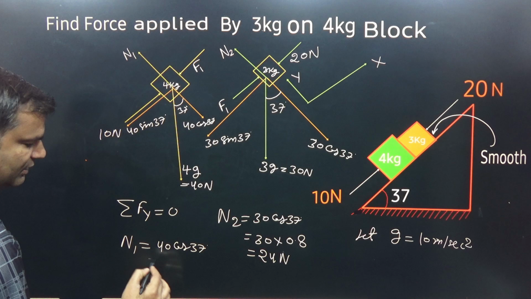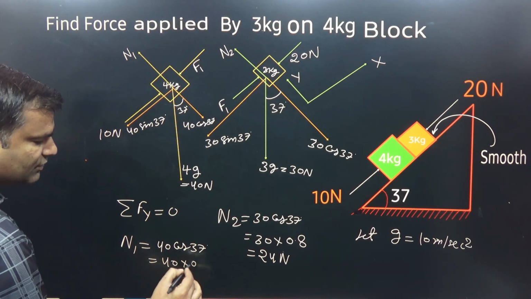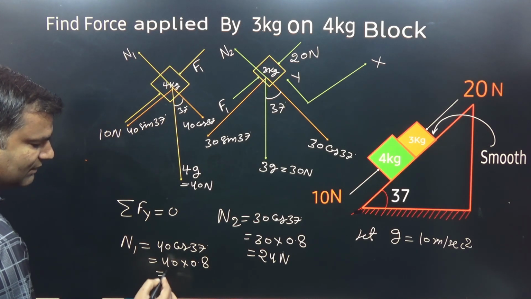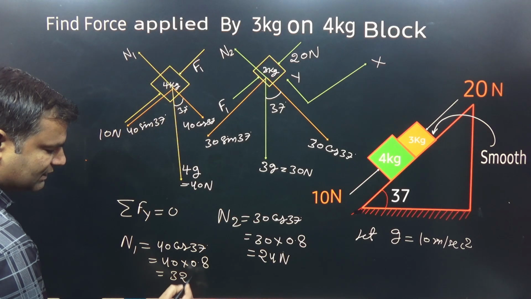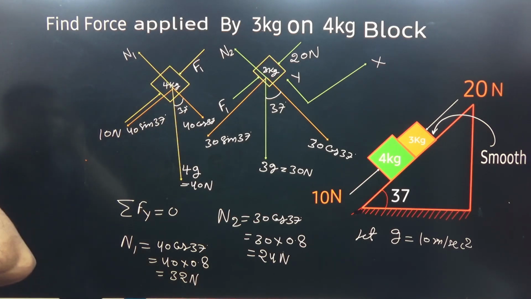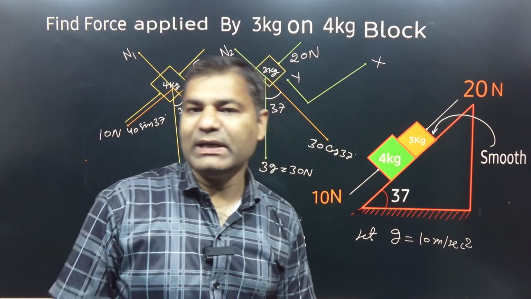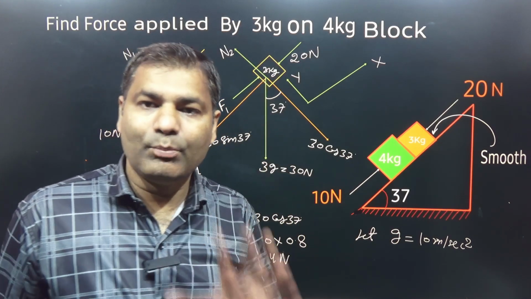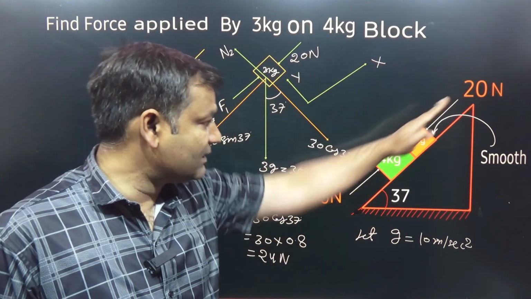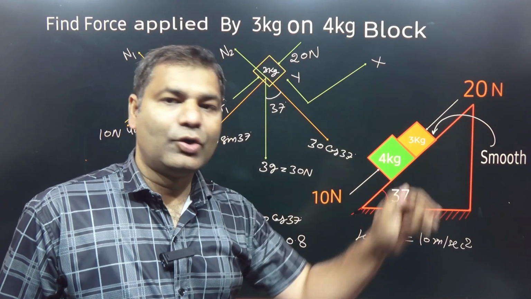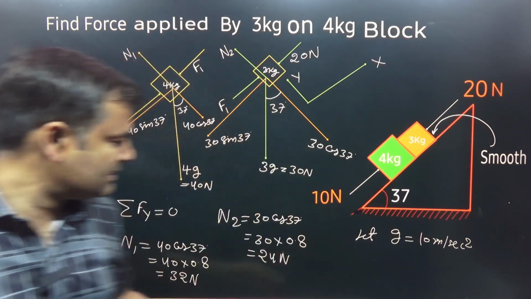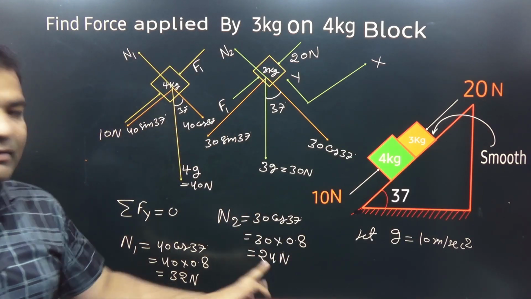Cos 37 is 0.8, so 40 into 0.8. What is that value? 32 Newton. Clear or not? So N1 and N2 are clear. The normal force applied by the inclined plane on the 3 kg block and 4 kg block is simply 32 Newton and 24 Newton.